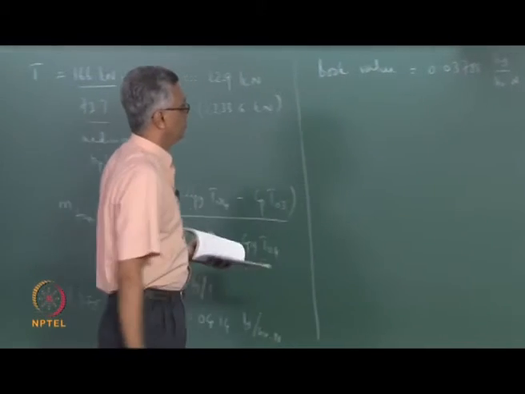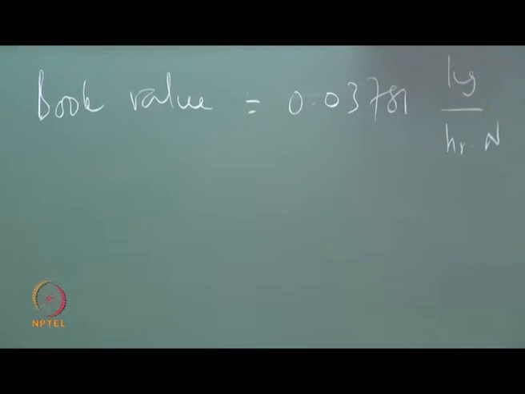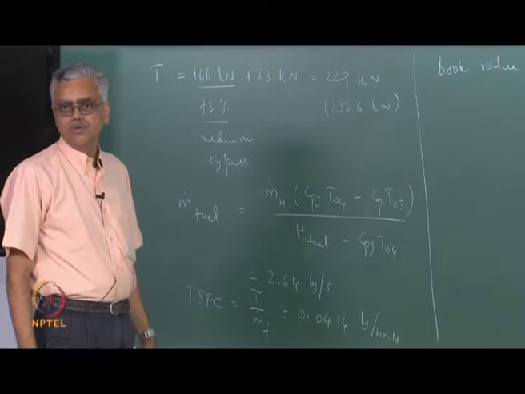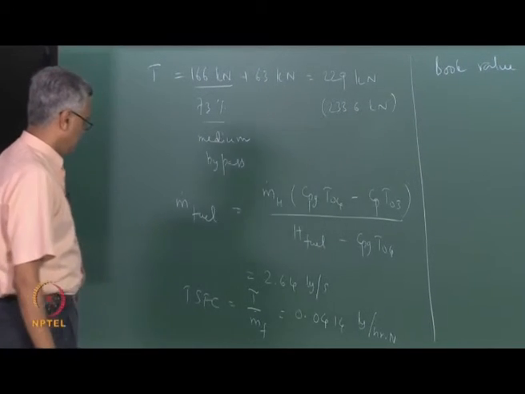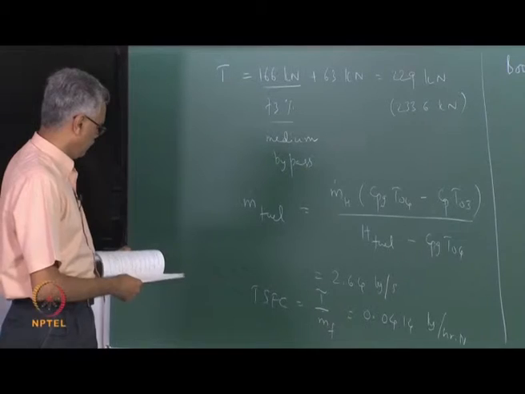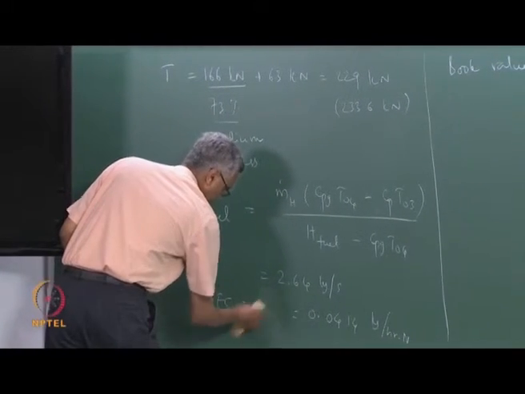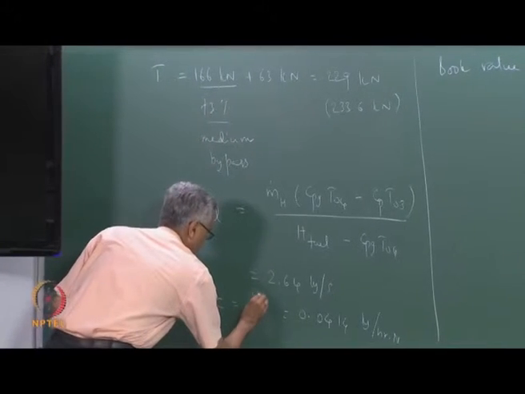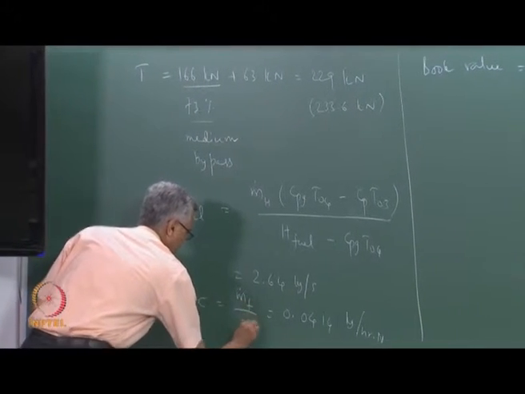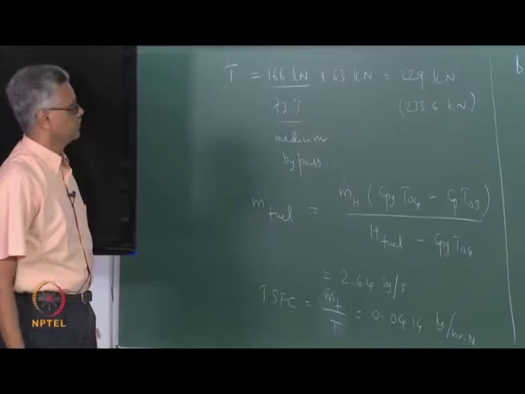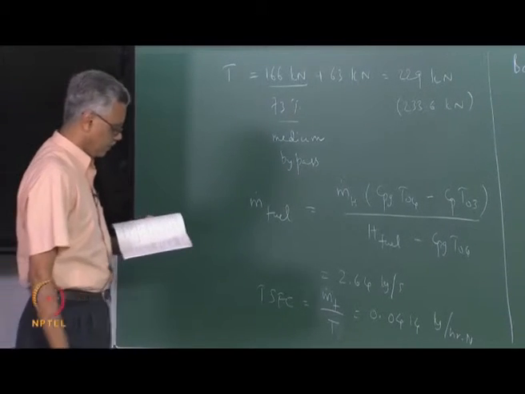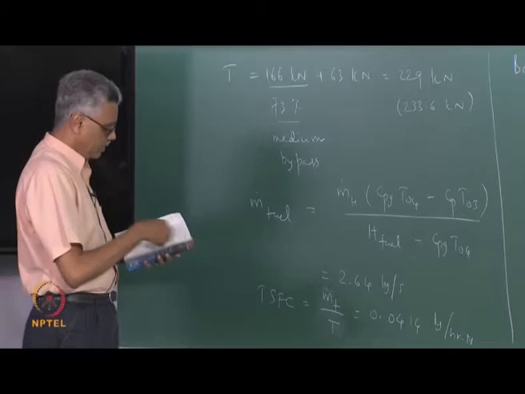It seems to be reasonably okay for the kind of assumptions that we have made. Oh, it's the other way around. Thank you. So this is m dot F divided by T. So the comparison seems to be all right.